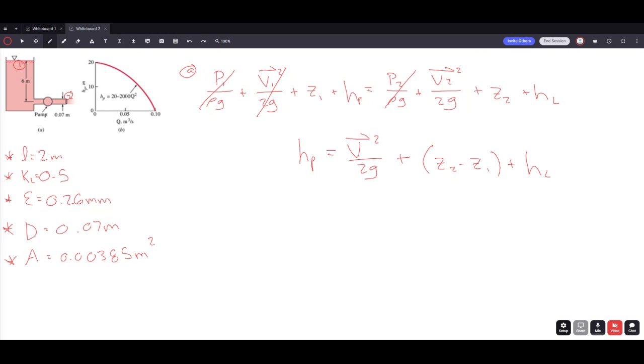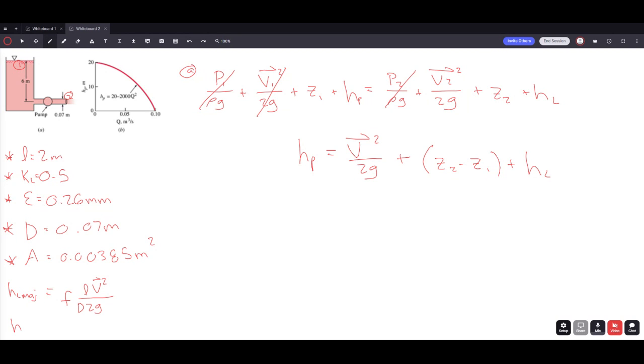And then HL is the major losses plus the minor losses. Major losses is the friction factor times the length of the pipe times V squared over diameter of the pipe times 2g, and then H minor.